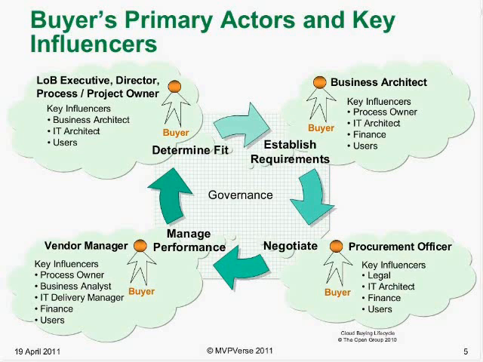Within the determine fit phase, we have line of business executives, directors, process and project owners. This is where you have the strategic planning, portfolio management, innovation management, really looking at how we bring emerging technologies into our IT enablement portfolio. So that's the phase where the primary actor, the primary buyer, is at that level.